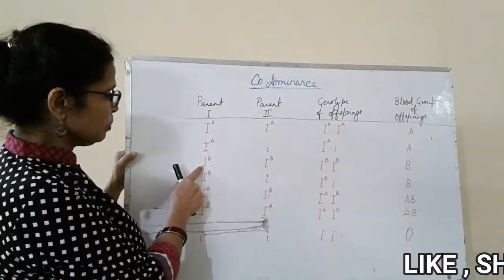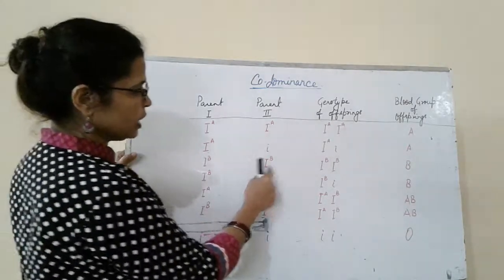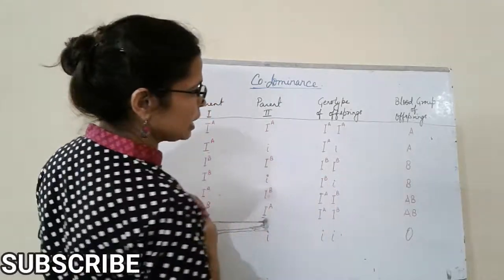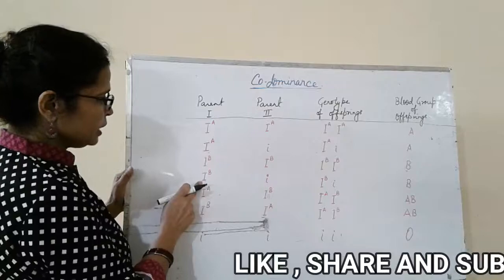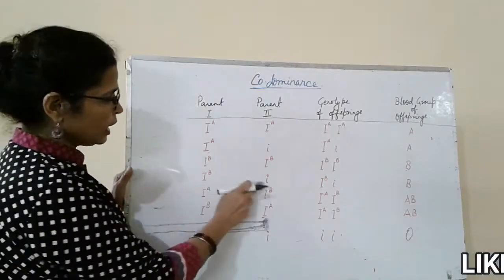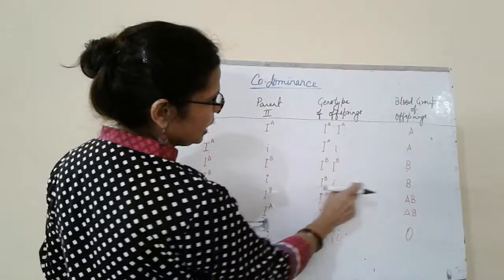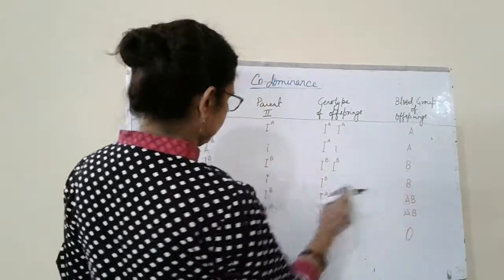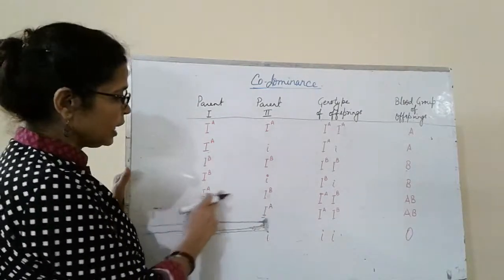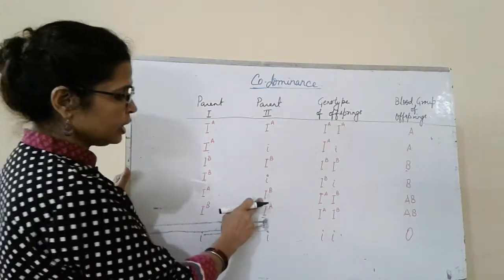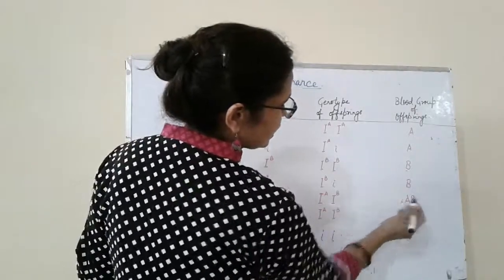Third case, where one parent has IB type of allele and the second parent also has IB, then the genotype of offspring is IB IB and the blood group is B. If one parent has IB and the other small i, then the genotype is IB i and the blood group is again B type. In another case, if one parent has IA and another parent has IB, then the genotype of offspring is IA IB and the blood group is AB.